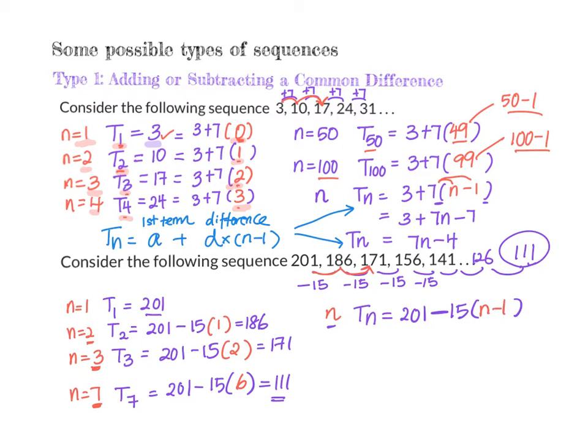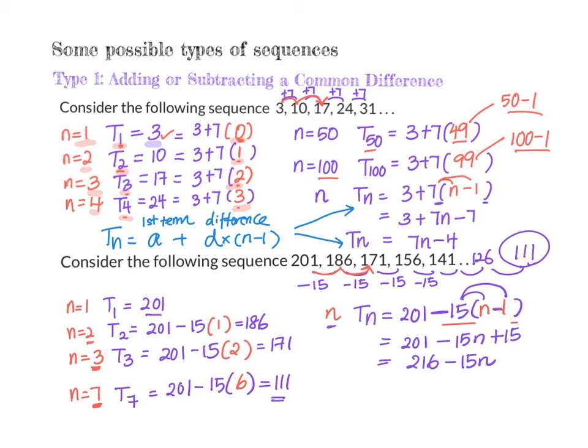Now this is not the simplified form. I have a pair of brackets over here, so I need to expand and simplify my answer. And I'll get 201 minus, subtract 15 groups of n, negative times negative, subtract negative 15 groups of negative 1, that gives me plus 15. And I'll get the answer to be 216 subtract 15n.